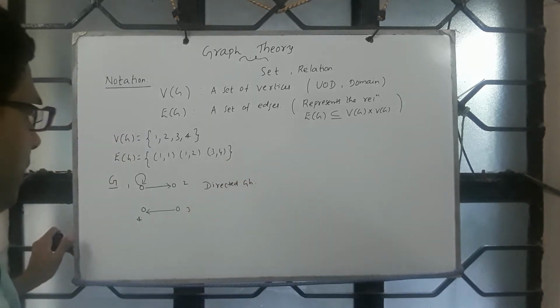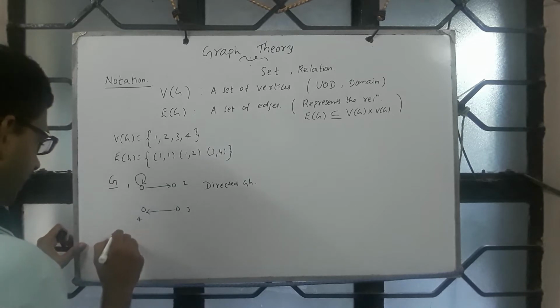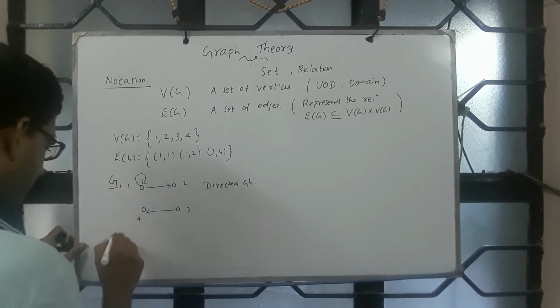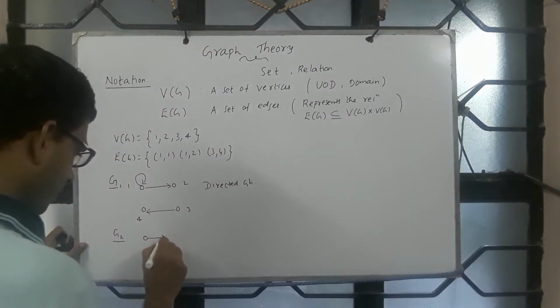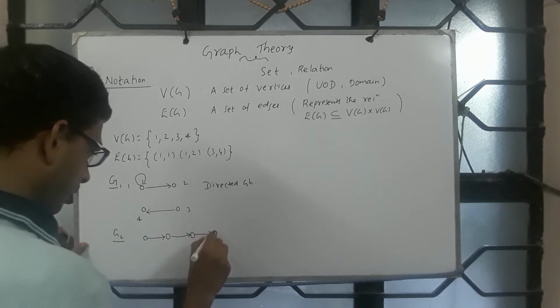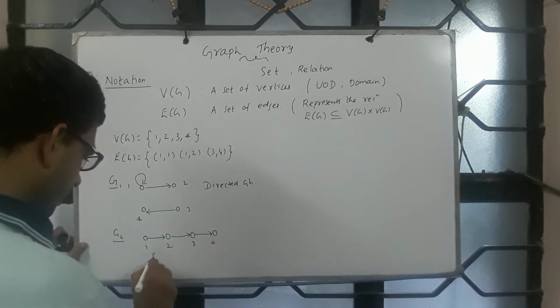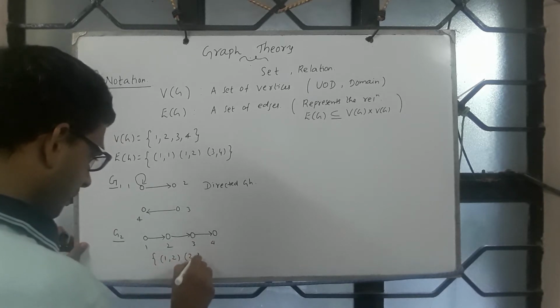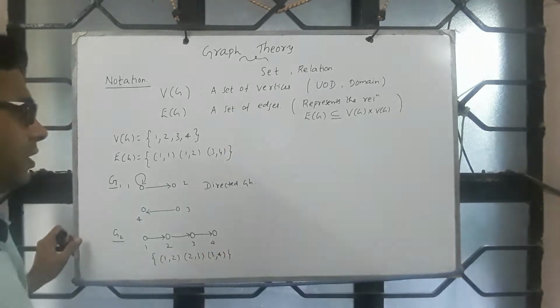One can define multiple relations. Let me call this one G1. I can define some other graph on the same set, say 1 to 2, 2 to 3 and 3 to 4. This represents the relation (1,2), (2,3) and (3,4).